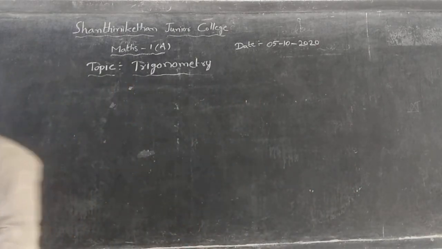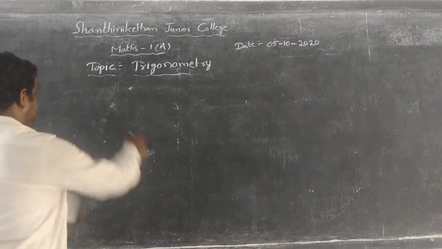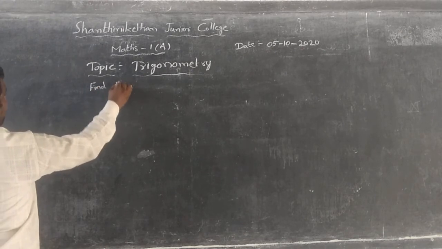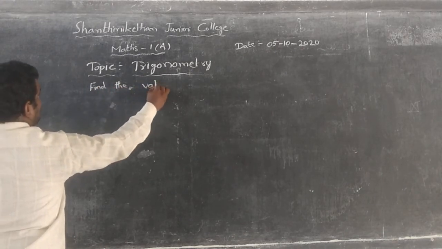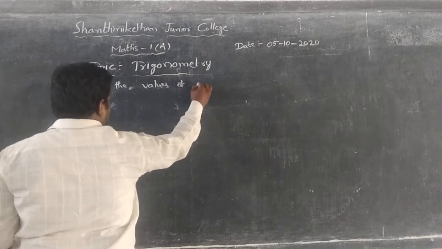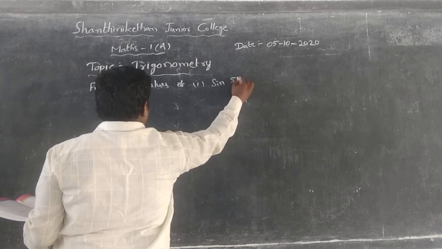And next one. Next problem. Find the values of: first one, sine 5 pi by 3.